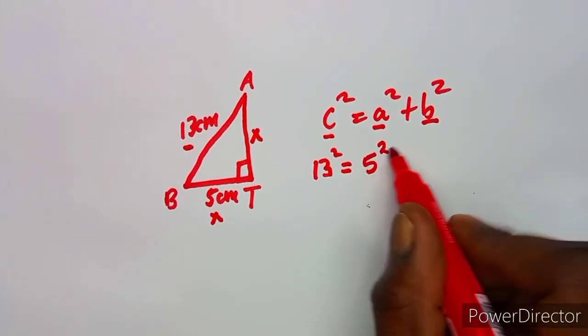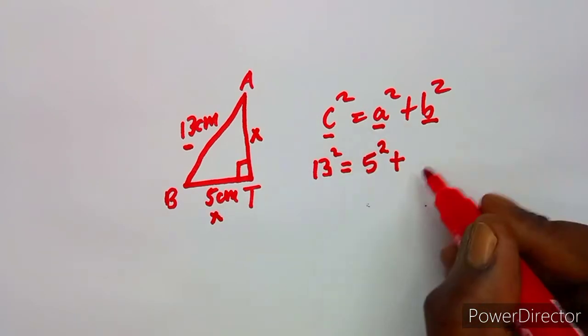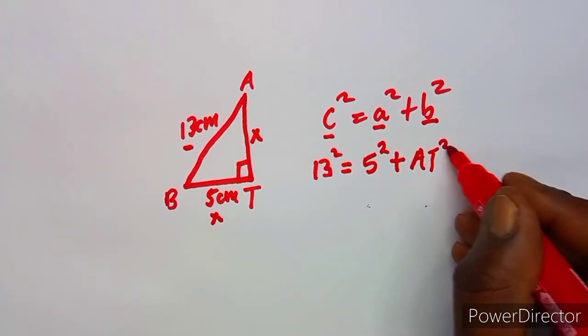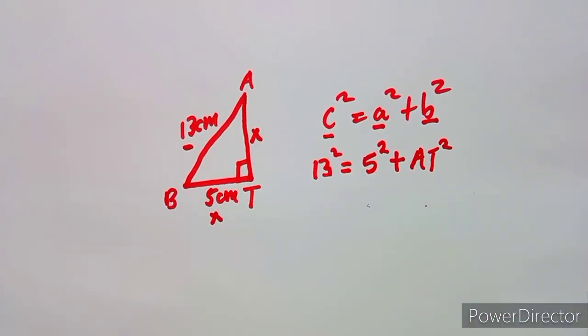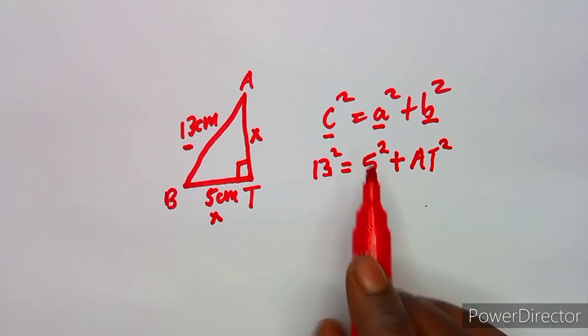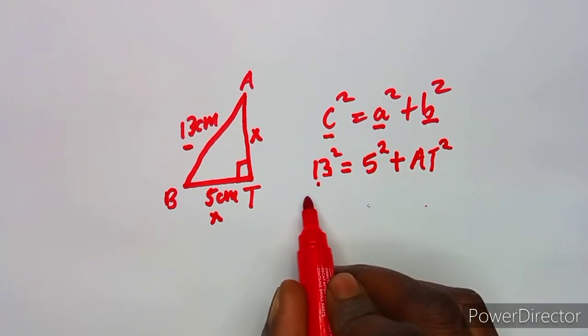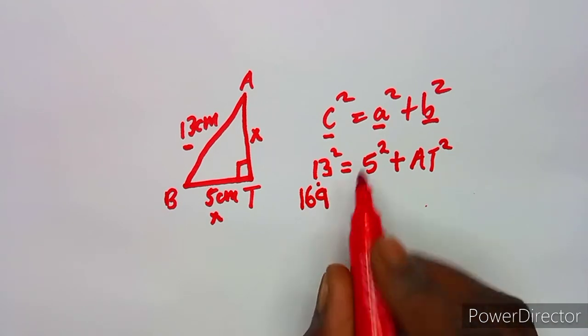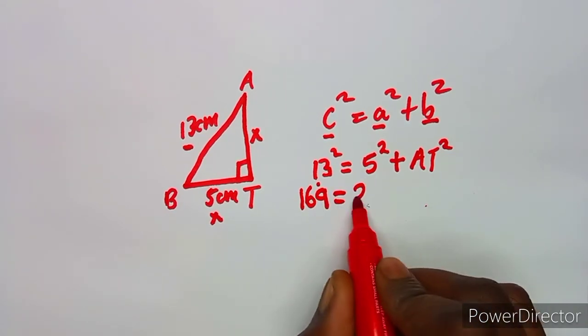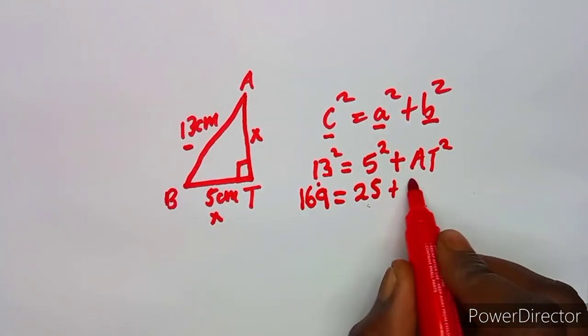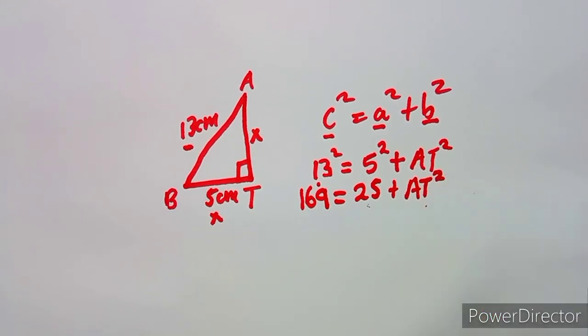So it's going to be 5 squared plus AT squared. These are smaller numbers, so I can simplify 13 squared, which gives 169, equal to 5 squared, which is 25, plus AT squared.